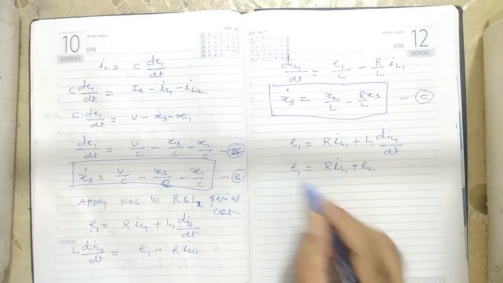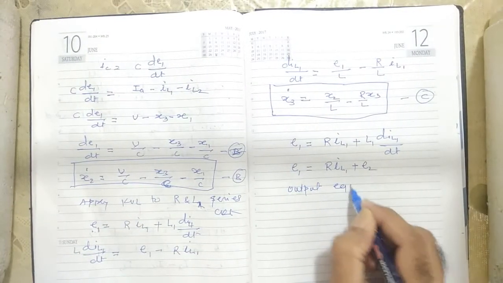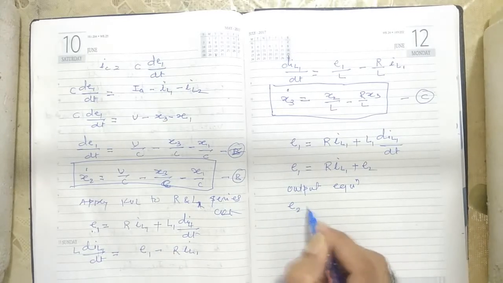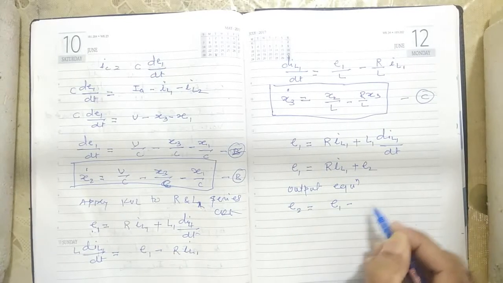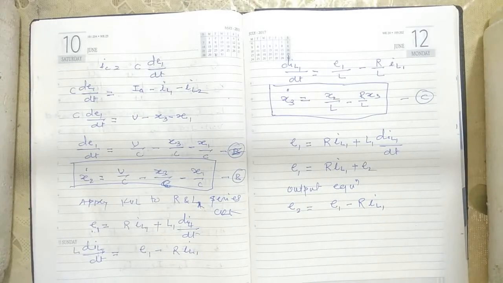So we can have the output equation: E2 equals E1 minus R into IL1.